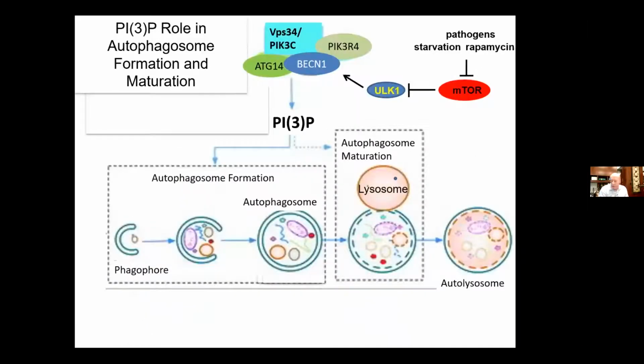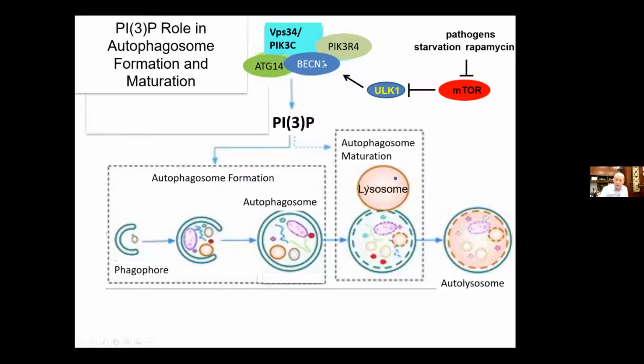Now, the standard mechanism for the generation of autophagy and the role of PI3P in it is shown here. And the way this goes is that there is a multi-subunit complex, and this is for sure, that has as its catalytic subunit a protein kinase, which in yeast is known as VPS34, and I will use the term VPS34 throughout this seminar to refer to this type 3 PI3 kinase that forms PI3P.